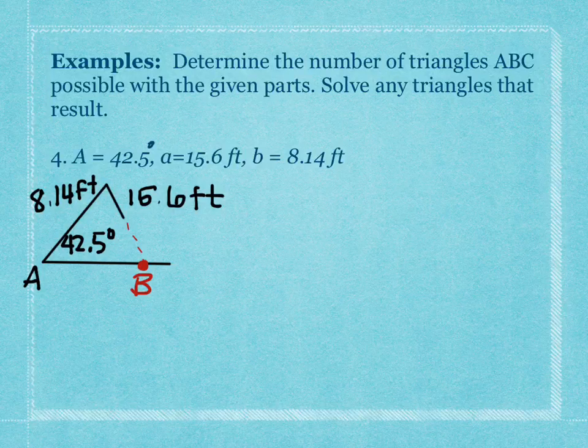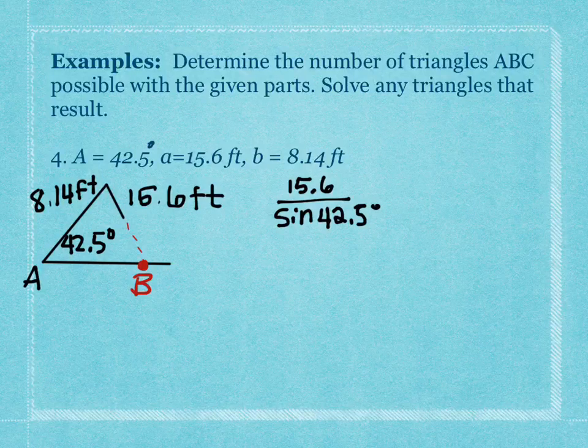And we start there. The setup is identical to what we did before, right? 100% identical. All right. So when we're doing this problem then, we set this up as 15.6 over sine of 42.5 degrees, and it equals 8.14 over sine of B. And then what did I do next?